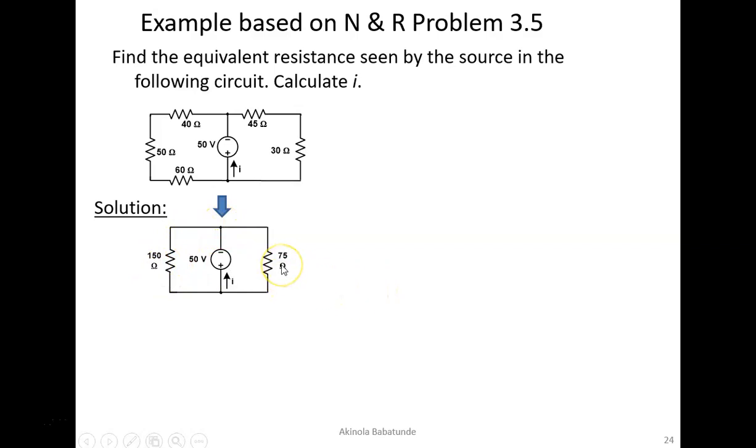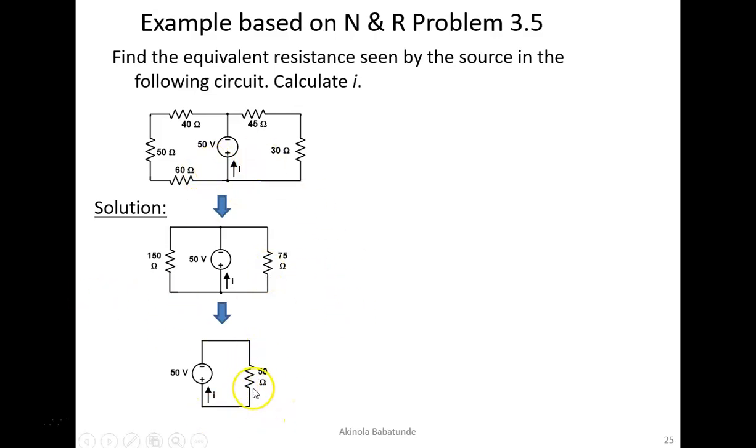Hence, we can use our parallel equivalence calculation method. For two resistors connected in parallel, it becomes R1 multiplied by R2 divided by R1 plus R2. And that's going to be equal to 150 multiplied by 75 divided by 150 plus 75. If you do that, what you would obtain is going to be 50 ohms.